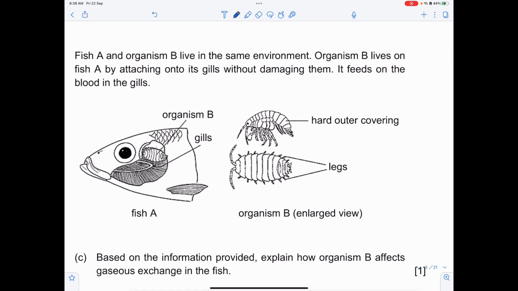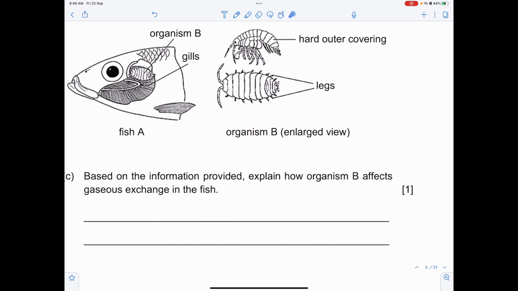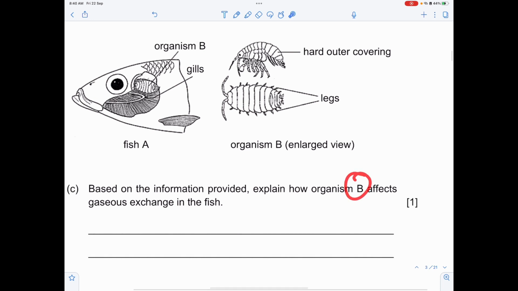This part. Fish A and organism B live in the same environment. Organism B lives on fish A by attaching onto its gills without damaging them. It feeds on the blood in the gills. Now, based on the information provided, explain how B affects gaseous exchange in the fish. Basically, if you take a look, it's blocking the surface area.